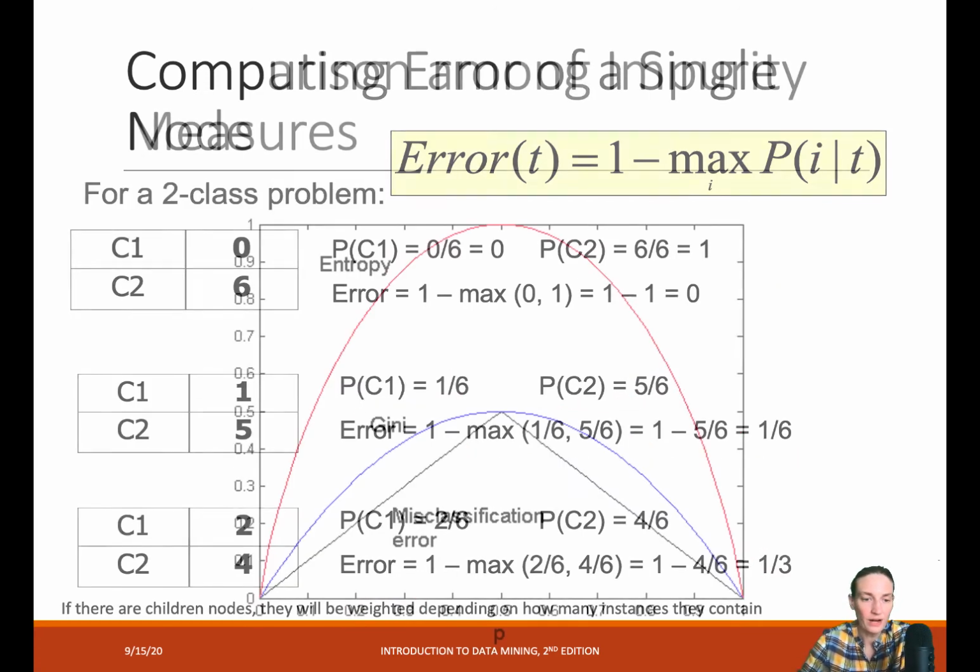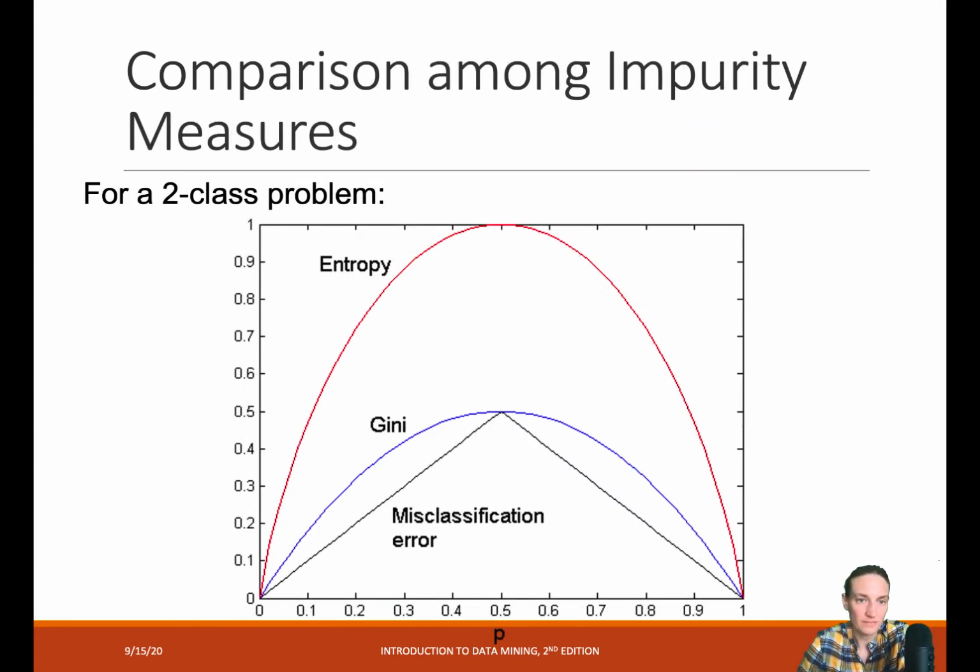Now, if you were to compare all of these impurity measures, you see something like this. Here we have our P(j|t) on the x-axis, and we have the impurity value on the y-axis: entropy, Gini or misclassification error.